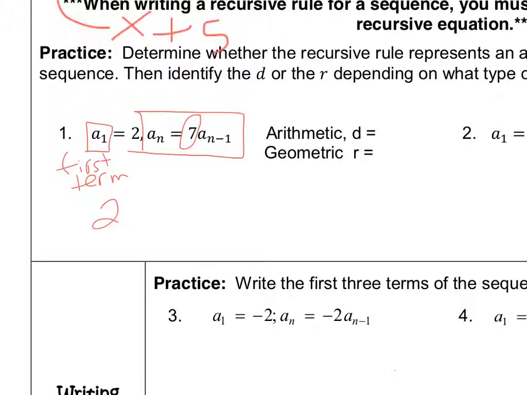I'm just going to put in my formula and say a sub 2 is going to be 7 times a sub 1, which is 2, equals 14. So what it's asked us to do is say, we know this one is geometric, and they've given us an r, and our r is 7.